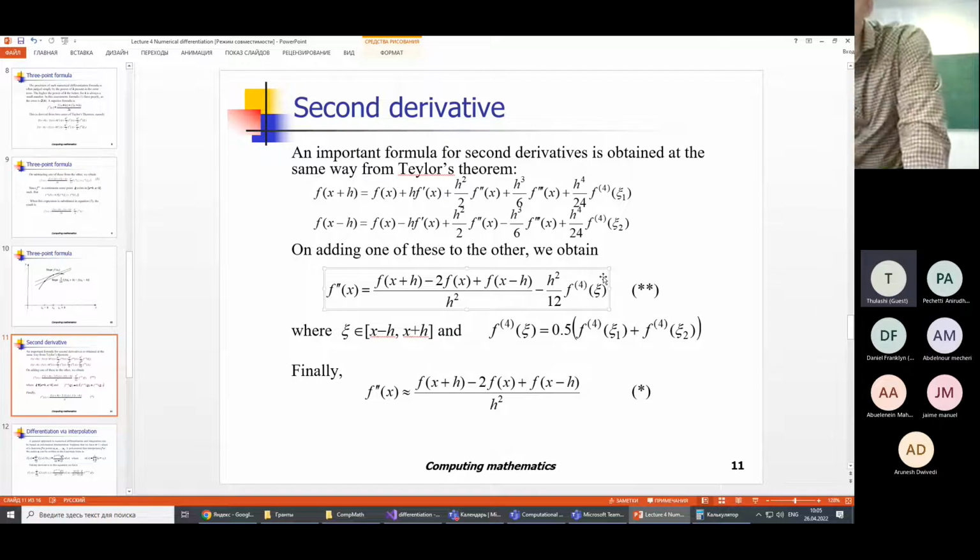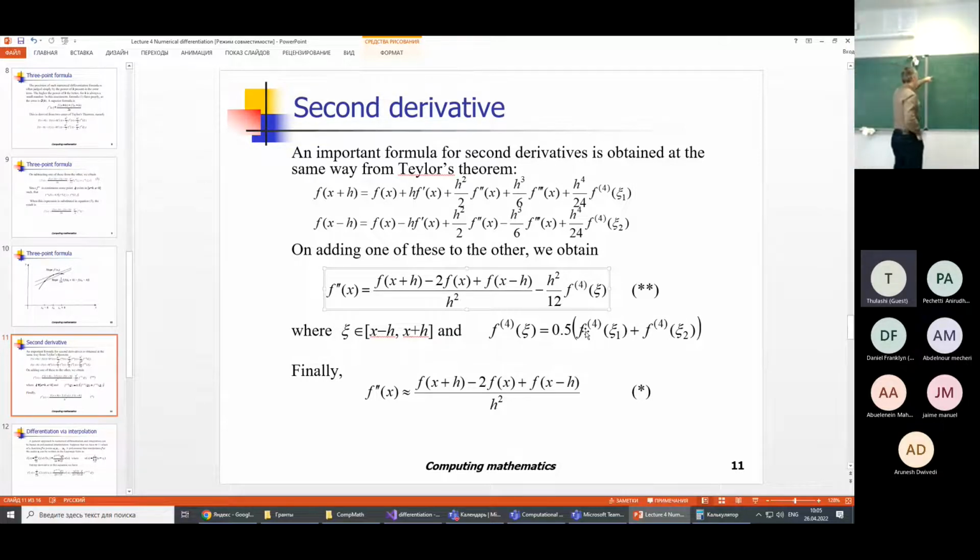But moreover, this error term includes the fourth derivative of the function at some point. You see that the error depends not only on h, but also on the fourth derivative of the function.